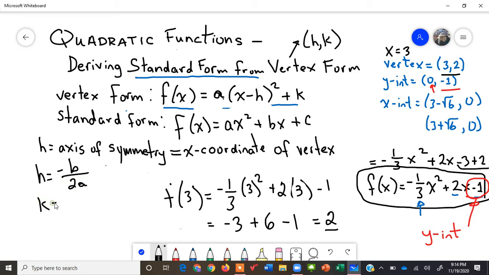The y-coordinate of the vertex, k, is the function evaluated at negative b over 2a.